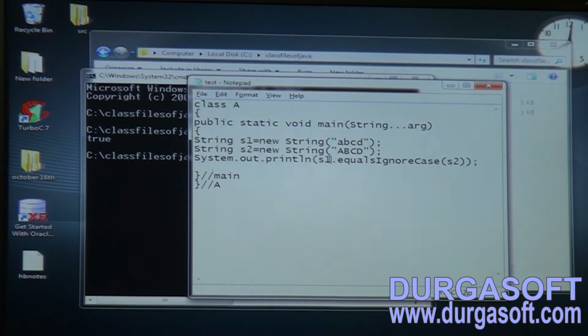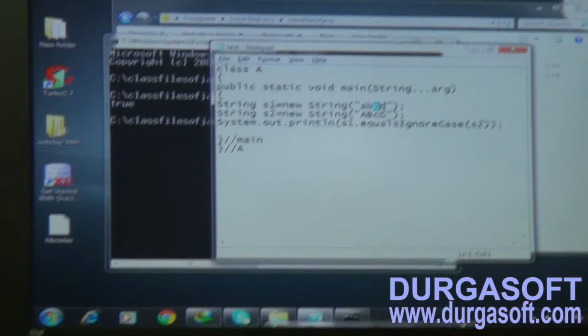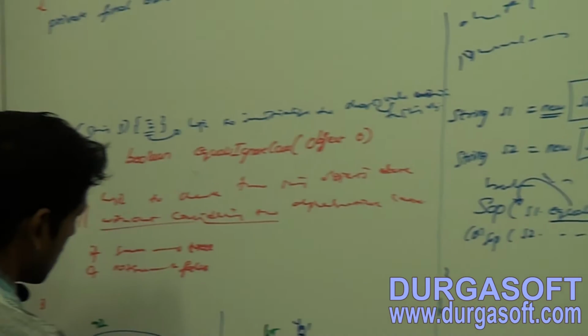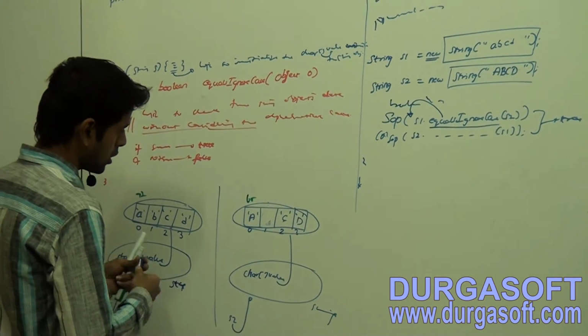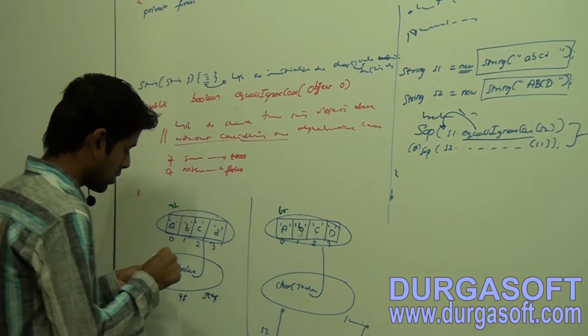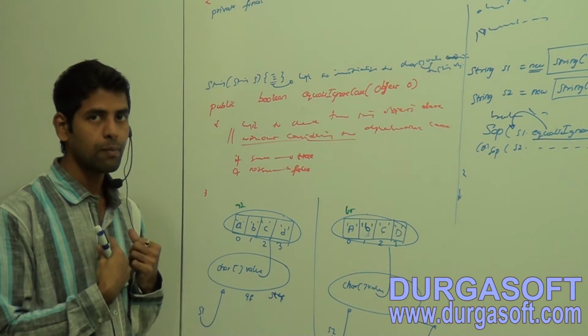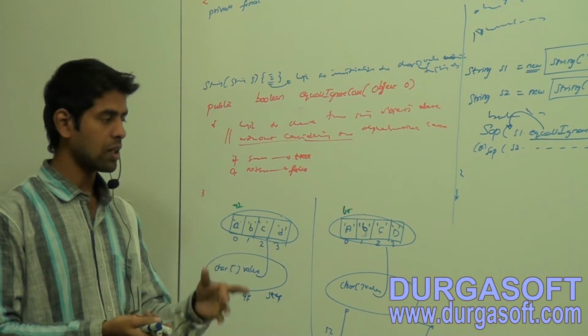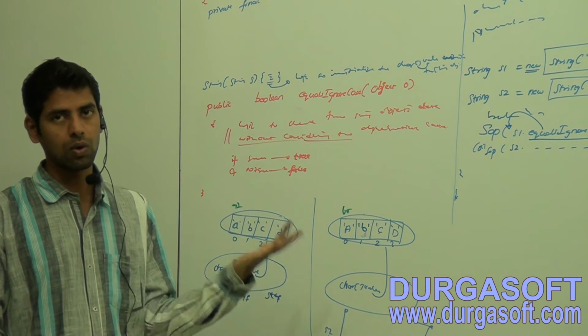Now observe here, let me take a small c here, no issues, here it is small c and here also small c. Observe here, if I take a small b instead, no issues, it will ignore the cases. It is just considering the actual meaning, that is small b, no issues to me, I will return true only.